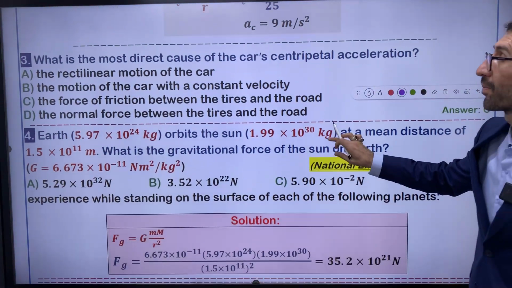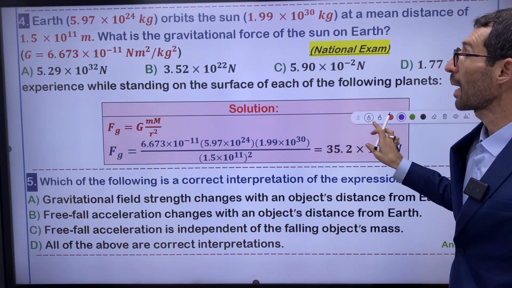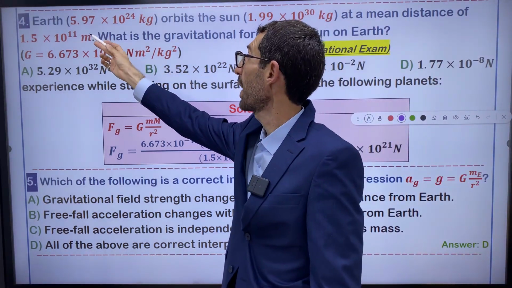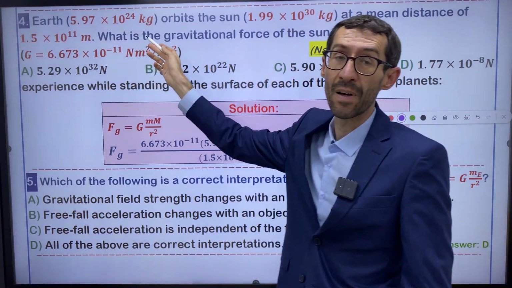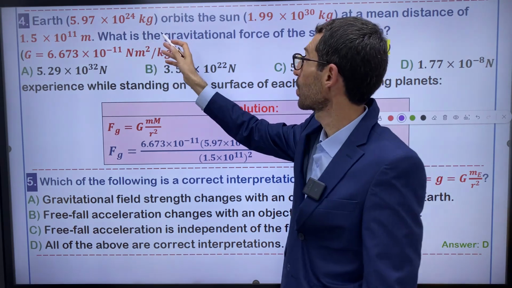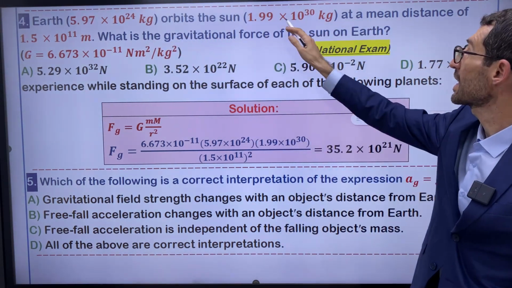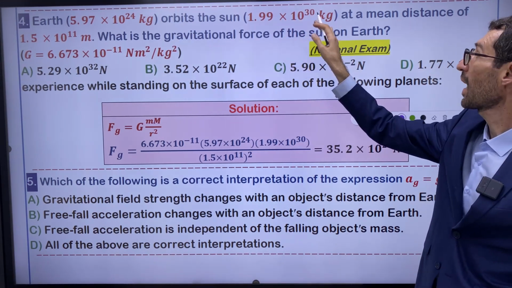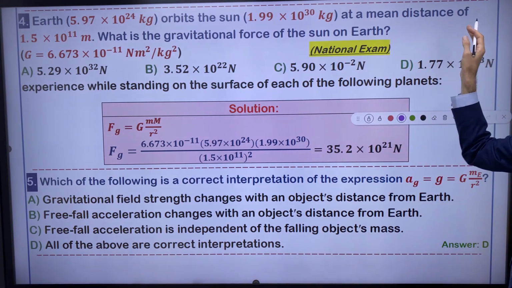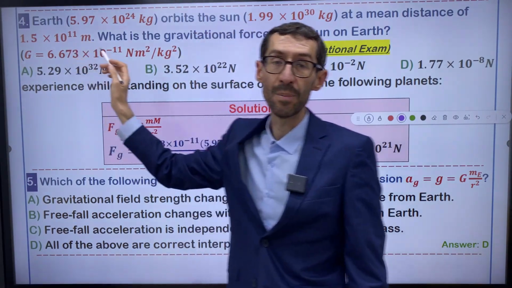The problem talks about celestial objects. Question number 4: Earth, with a mass of 5.97 times 10 to the 24 kilograms, orbits the sun, with a mass of 1.99 times 10 to the 30 kilograms, at a mean distance of 1.5 times 10 to the power 11 meters.